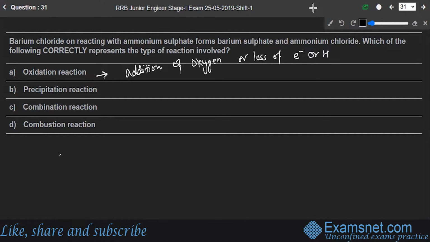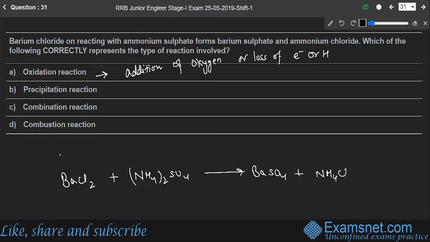You have barium chloride reacting with ammonium sulfate. It gives you barium sulfate plus ammonium chloride. Fine. Yes, it's balanced. No, wait. It needs to be 2 over here. And now it's balanced.